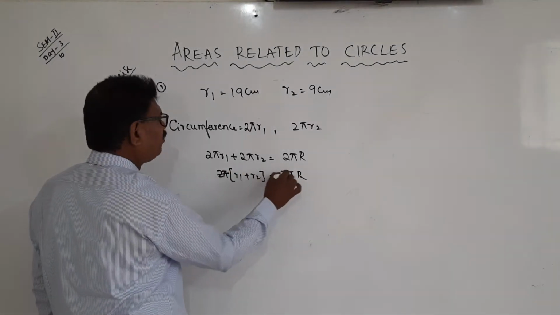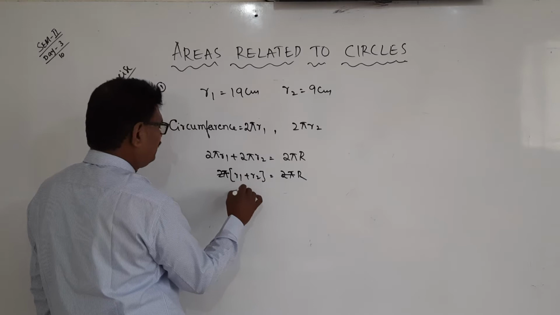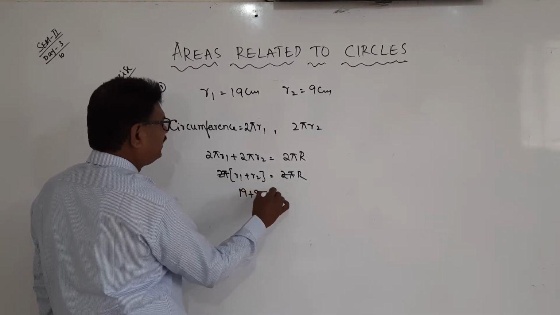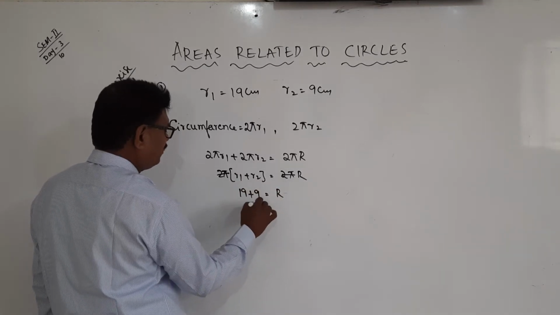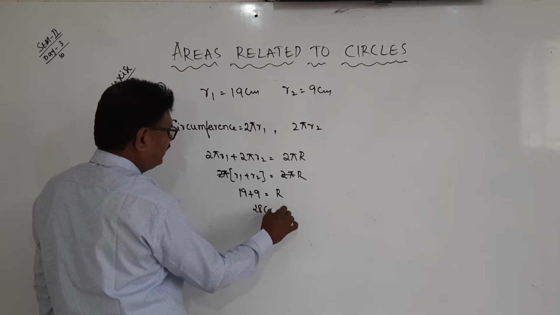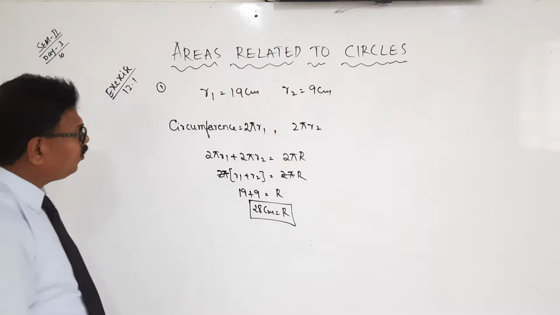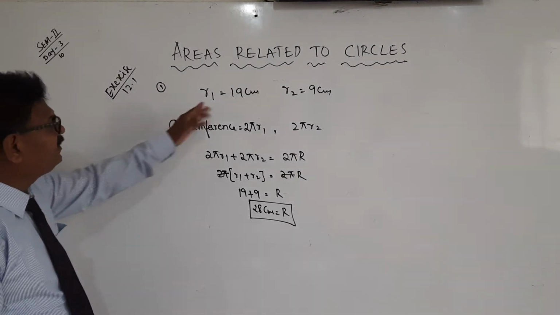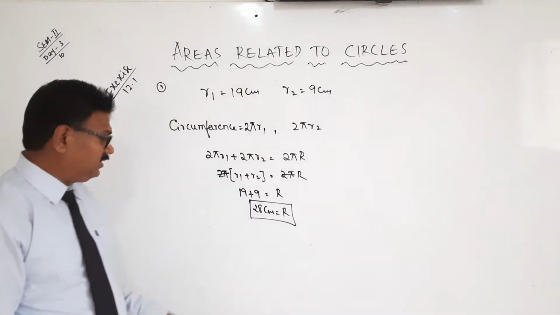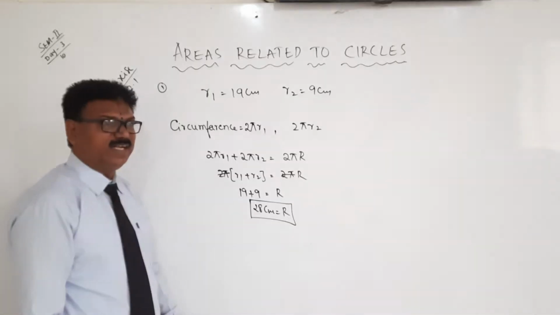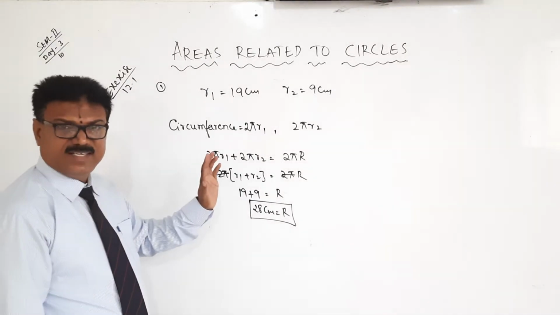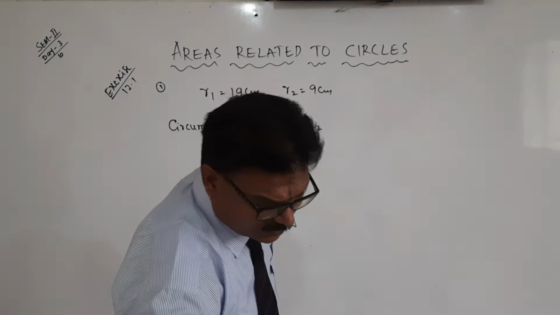So 2 pi cancels. r1 is 19 plus 9, that is r. Therefore 28 centimeters. The radius of the circle whose circumference is the sum of these two circumferences is 28 centimeters. Did you understand? Very simple problem.